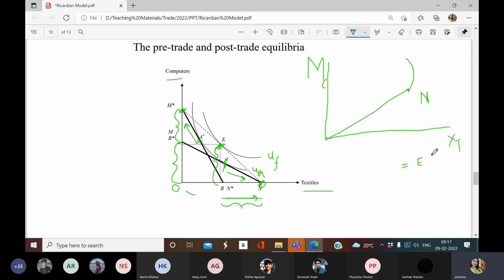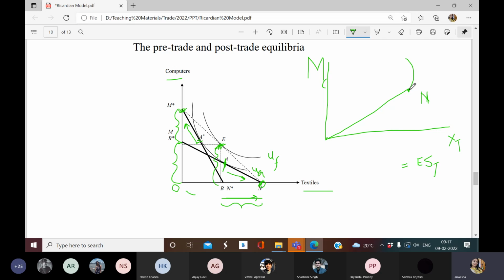On the production side, as we have already discussed, we cannot produce more than this amount of textile, ON. This is the largest possible amount of textile, because it has already devoted all its resources to producing textile. So without any increase in endowment or any technological improvement, it cannot produce more textile.